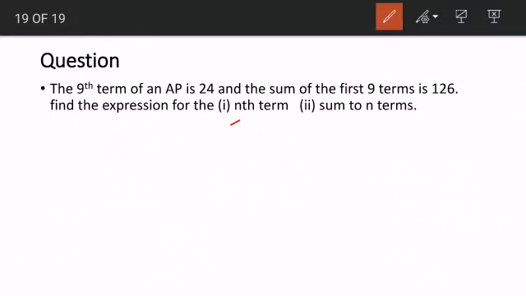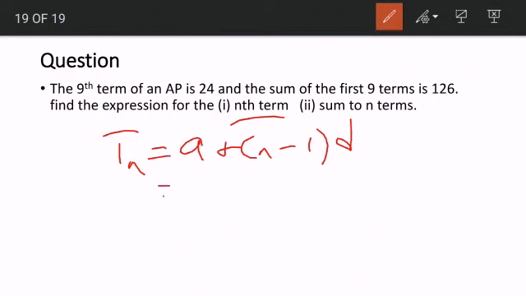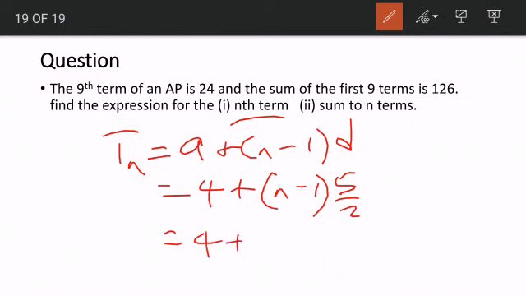Now the first question is to find the nth term. The nth term of the AP is a plus n minus 1 d. Remember, our a is 4 plus n minus 1, okay, so n minus 1, they say the nth term, then your d is 5 over 2. Okay, so if we open the bracket here, it's going to give us 4 plus 5 over 2 n minus 5 over 2.